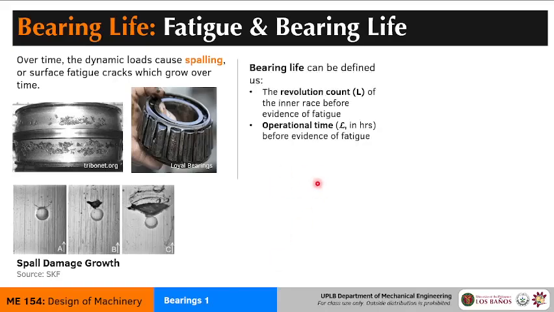The lifespan of the bearing can have two quantities. The first quantity is the revolution count. This is just the cycle count, or the number of revs that the bearing has undergone in its entire lifetime. In Budynas and Nisbett, it is denoted by this sans serif capital L. So when you see the straight-laced L, it's just the count of the revolutions that the bearing has undergone. The second quantity is the operational time. Now, this is where it gets a little confusing.